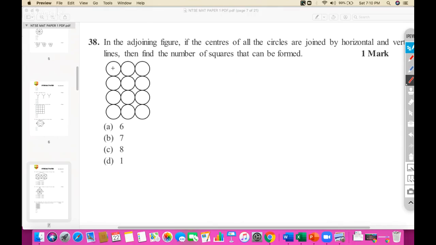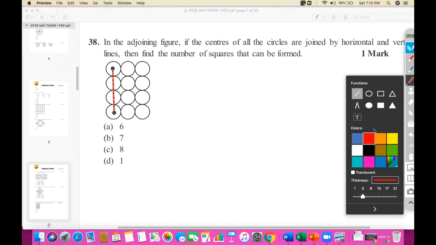So suppose this is one line, and then I have another line here, and I have another line here.